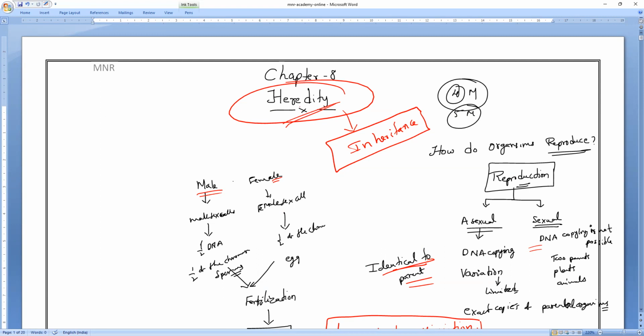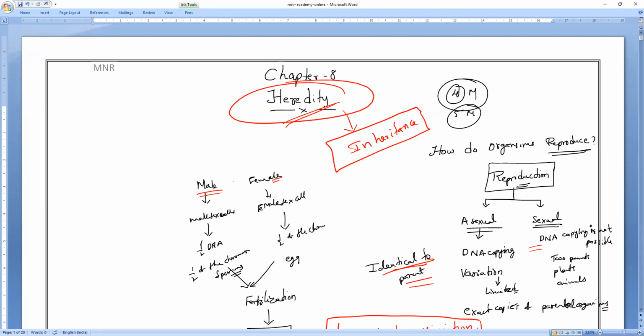So that is the meaning of heredity: the transmission of characteristics from one generation to the next generation, which is coming from our forefathers, grandparents or parents to us. Do you understand, everybody, what I'm saying?